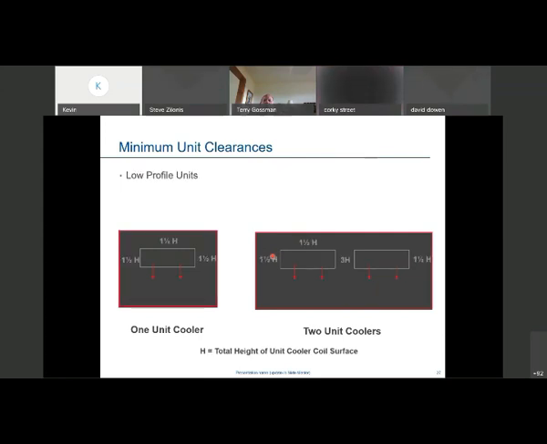Low profile, like your AA series, they're talking about 1.5 times the height when you mount those away from the walls and away from the back wall. And the same with 2 unit coolers over here, 1.5 times the height on the side, and in between them, 3 times the height between the 2 coils.